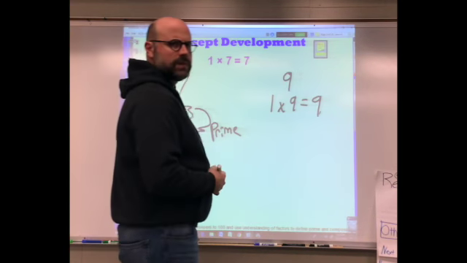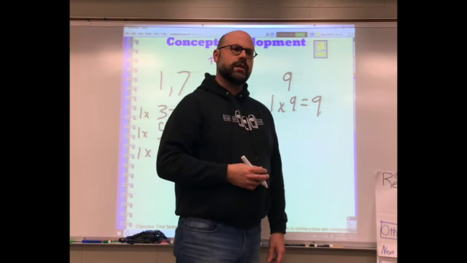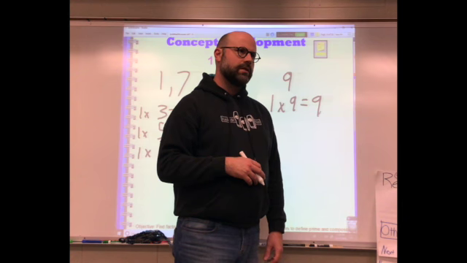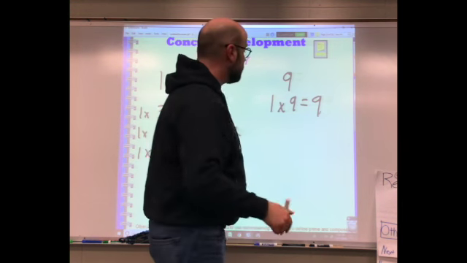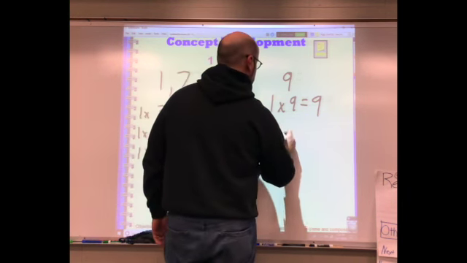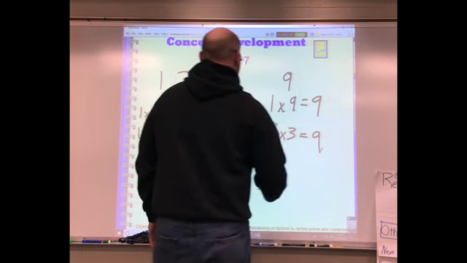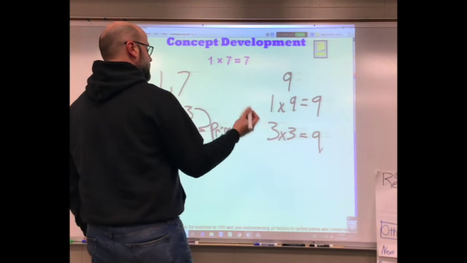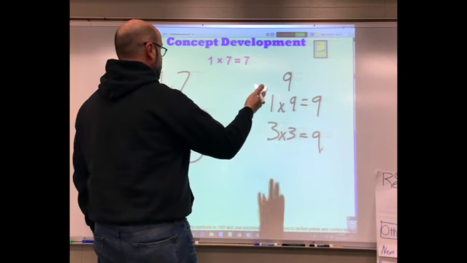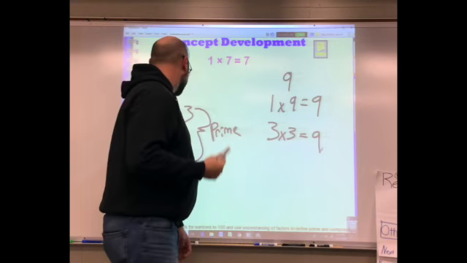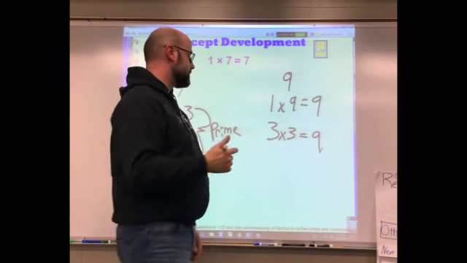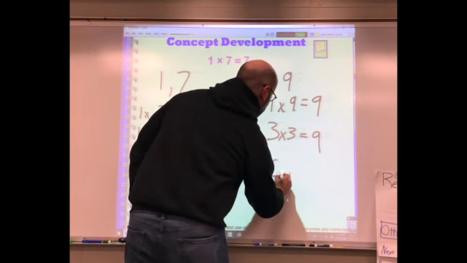What other factors of 9 are there? 2 times nothing equals 9. 3 times 3 equals 9. So even though it's an odd number, 9 is what's known as a composite number.